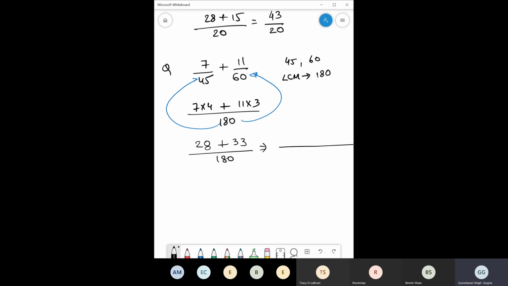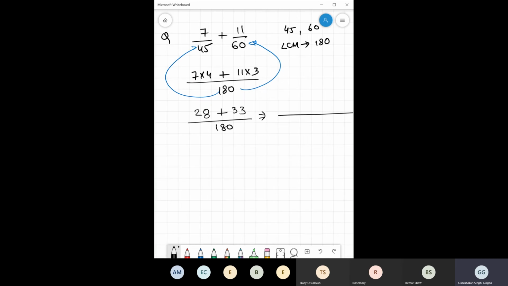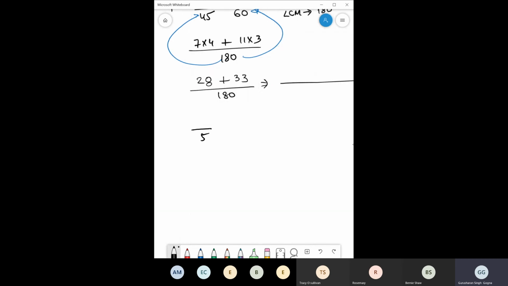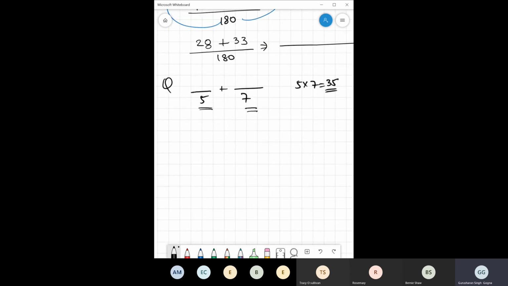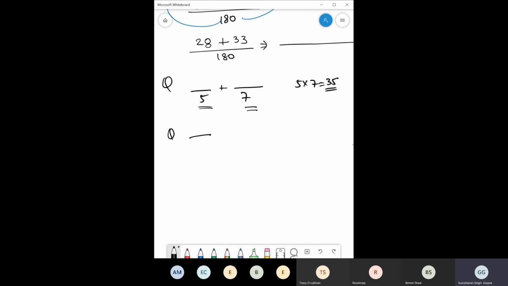Okay. However, if you have, let's say, two numbers in the denominator and they are not factors of each other, they don't have anything common, then you simply multiply them, 5 by 7, which will give you 35. That will be the LCM. Second option is if you have 5 in the denominator and 25 in the denominator.